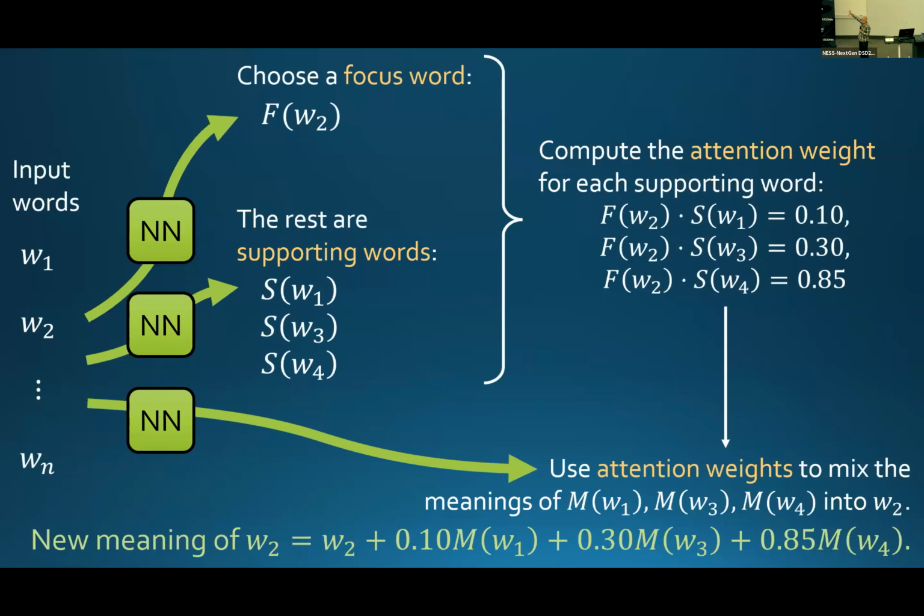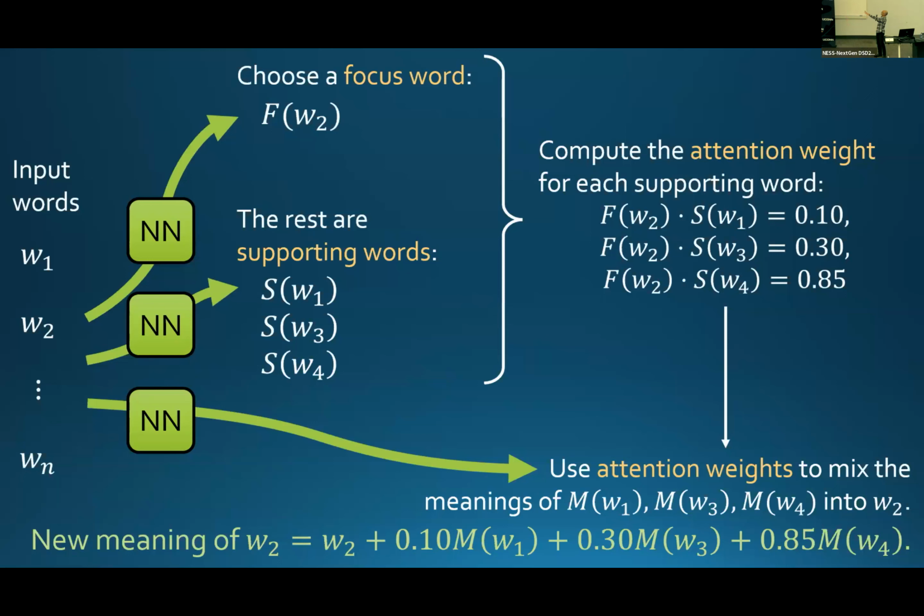It's rather just structuring the problem in such a way that you can put neural networks into the places we need them to do these three jobs: figuring out how do I prepare a word to be a focus word? How do I prepare it to be a surrounding word? How do I prepare it to be a meaning I can mix in? And then they'll figure that out. So you just create room for neural networks to do what you want, and they do.